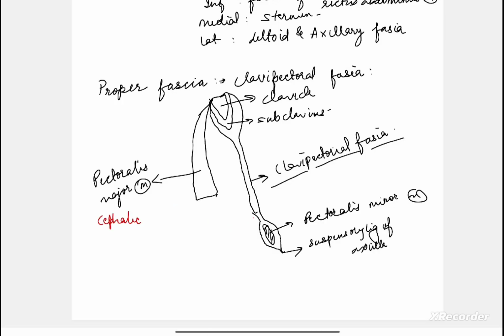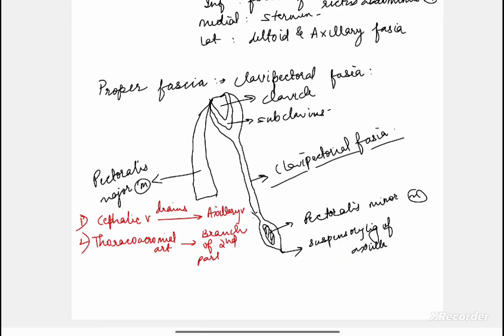Next, which pierces through this clavipectoral fascia is the thoracoacromial artery, which is a branch of the second part of the axillary artery.